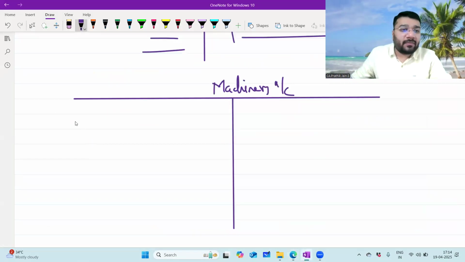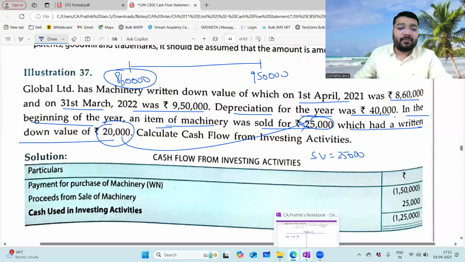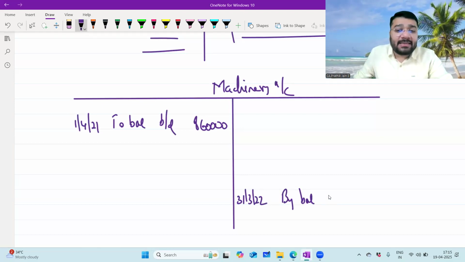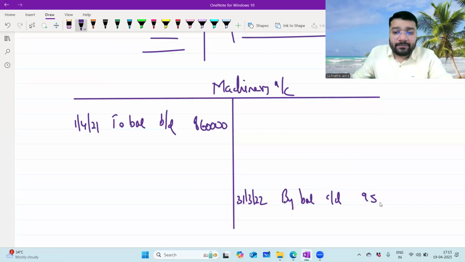On 1/4/21, balance brought down is how much? 8,60,000. Okay. And on 31/3/22, balance carried down is how much? 9,50,000. Wonderful.